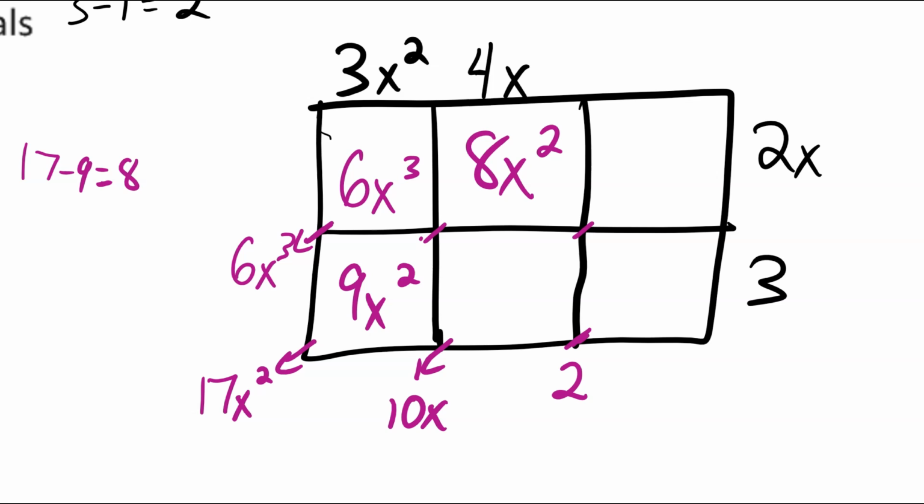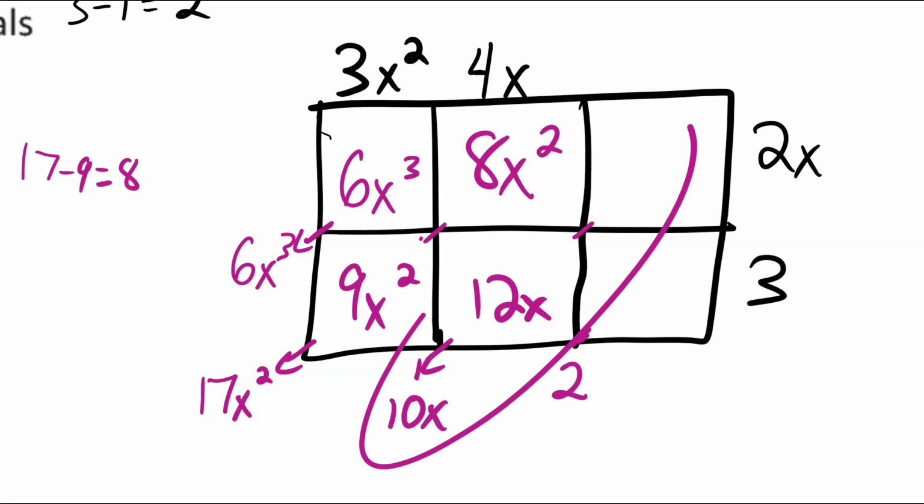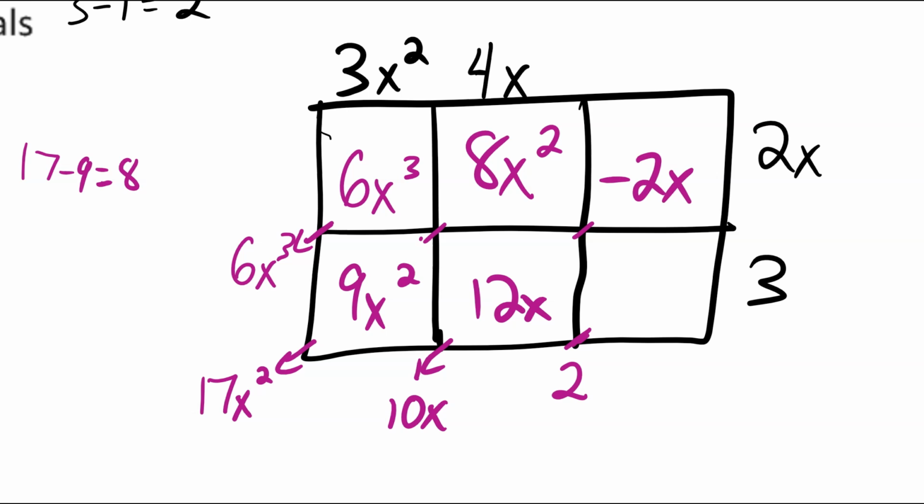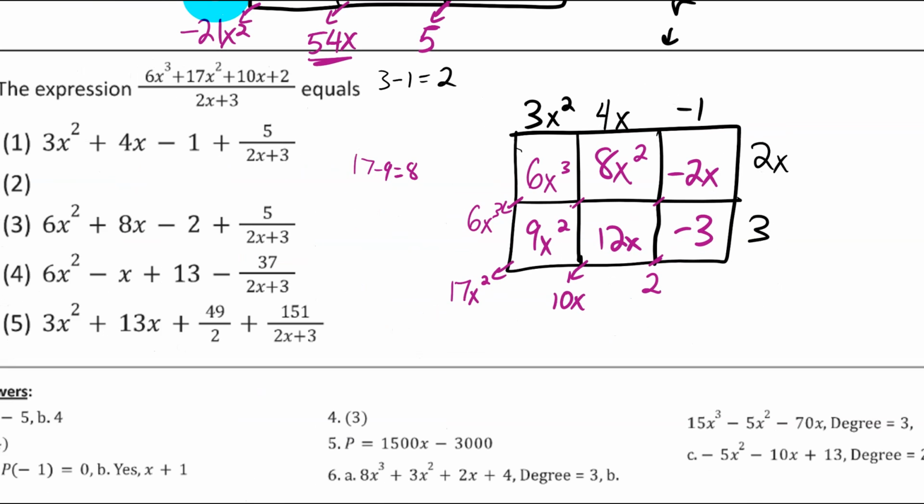Now 4x times 3 is 12x, and I want this diagonal to add up to 10x, so I would have to take 2 away from 12. Now what do I multiply 2x by to get negative 2x? I would just need a negative 1, and negative 1 times 3 is negative 3, so I'm pretty close here.